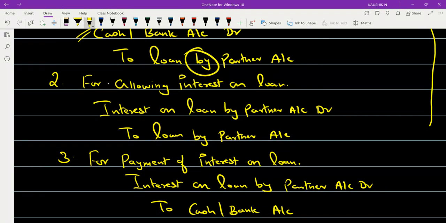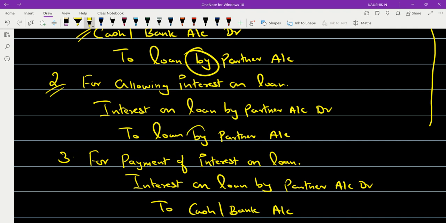And then what is the next entry? For allowing the interest, that is the due interest. How much did we get as interest in this case? The interest we got yesterday was 5,000, right? Interest on loan by partner account is debited to loan by partner.